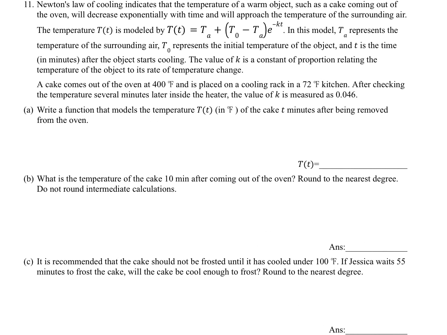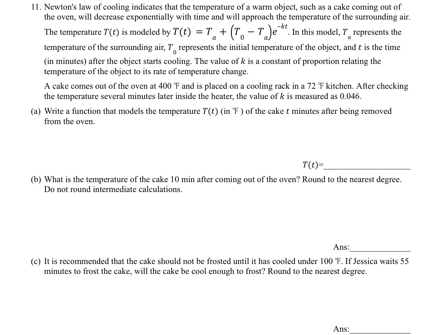So our exponential function for this problem is going to be T, the temperature of the cake at time t, two different uses there for the letter, one is capital, one is lowercase. That is 72 plus 400 minus 72 times e to the negative 0.046t.